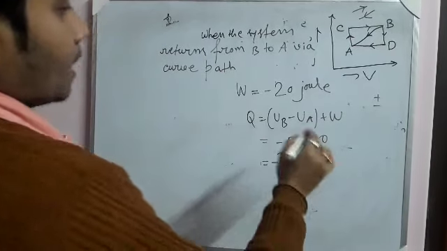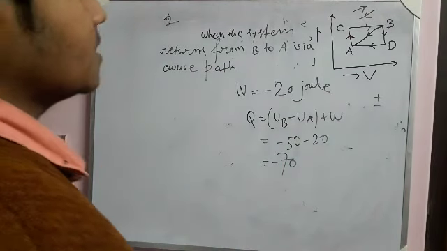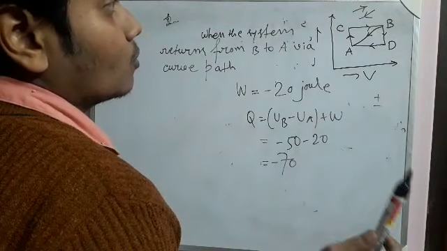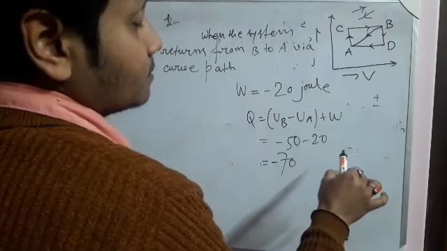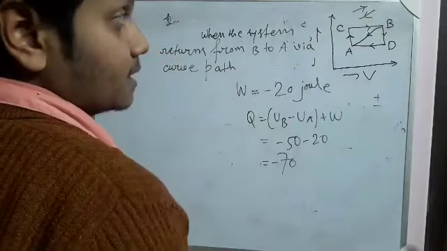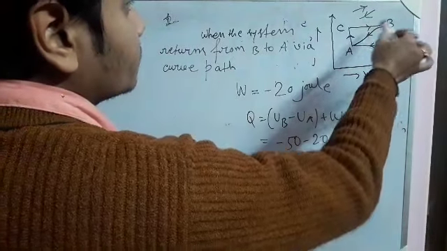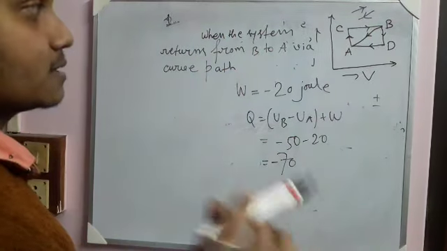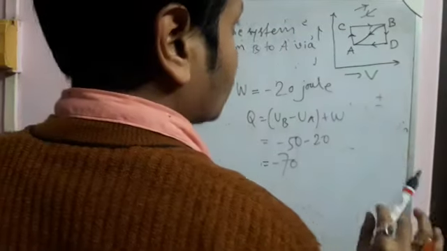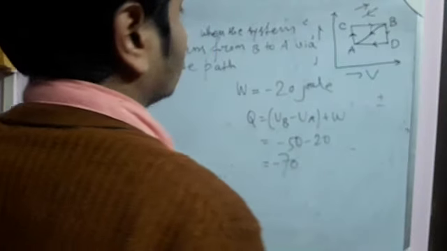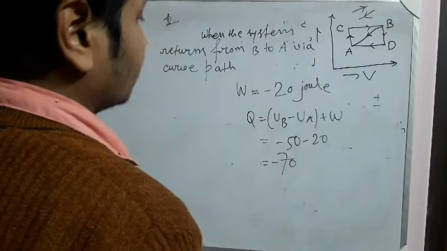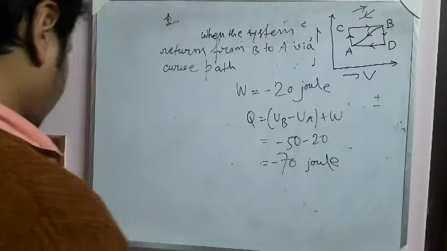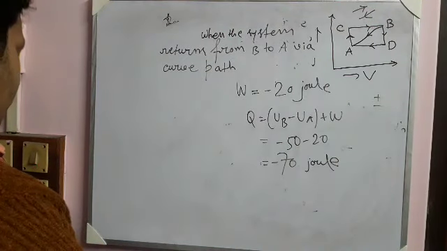I use the minus sign because work is done on the system, and the internal energy is negative since the system is returning from B to A. You have to remember that when work is done by a system it is positive, and when work is done on a system it is negative. So the negative sign indicates that heat is liberated by the system.